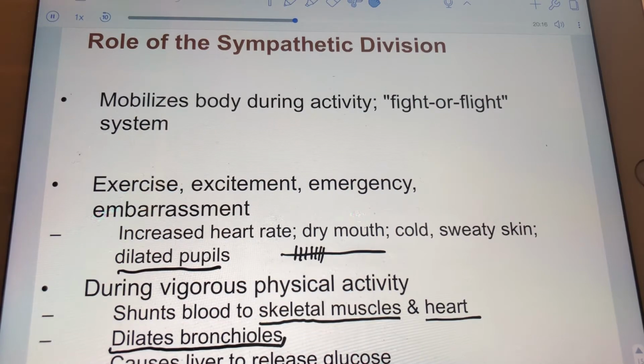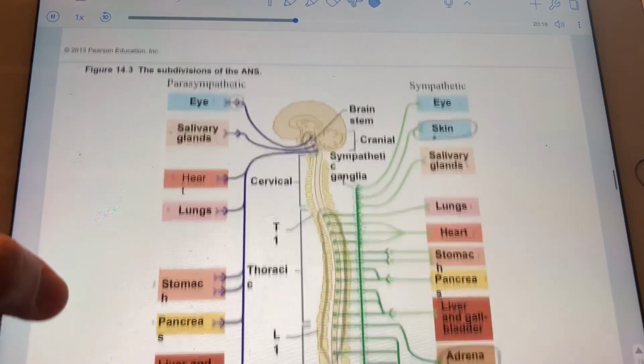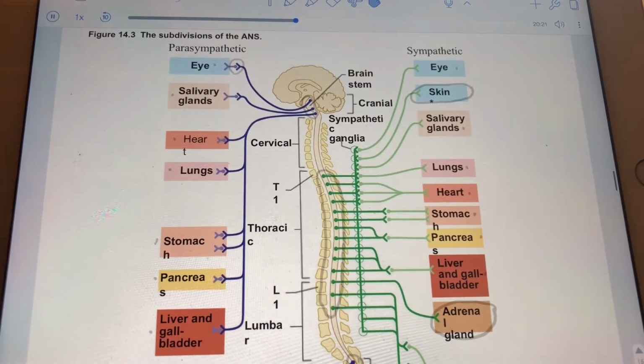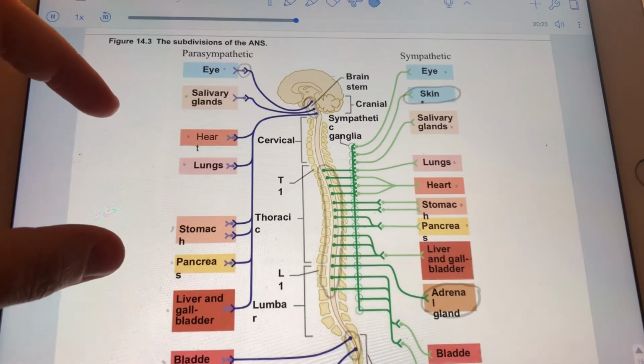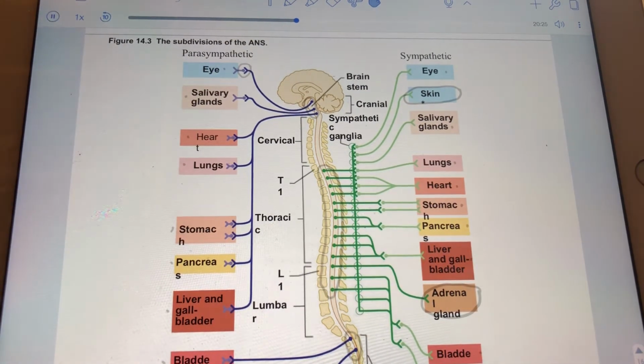I'm on slide 15. This slide is a little overwhelming at first glance, but it's actually really, really handy because it's driving home that most targets are dually innervated by the parasympathetic and sympathetic nervous systems. So notice that the lenses, the pupils show up on both sides.